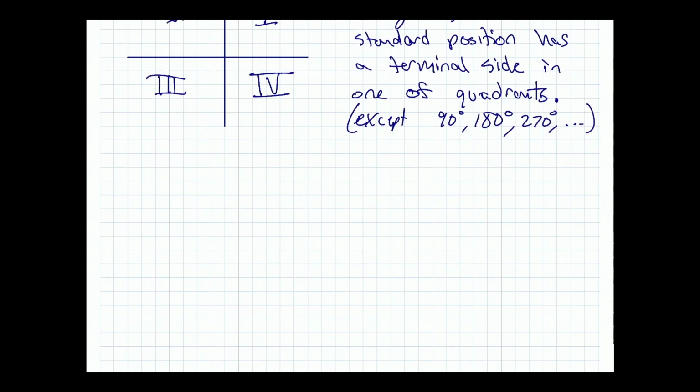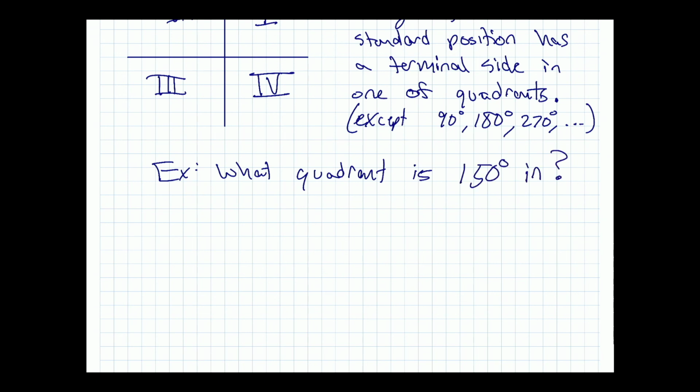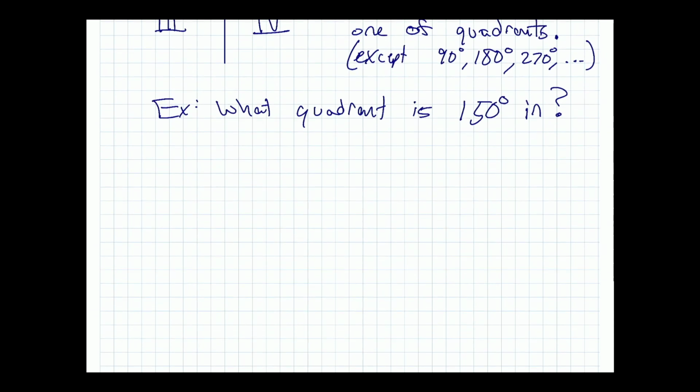So example, what quadrant is 150 degrees in? And so the way you would do this is you would just say, okay, well, I've got an XY plane right here.